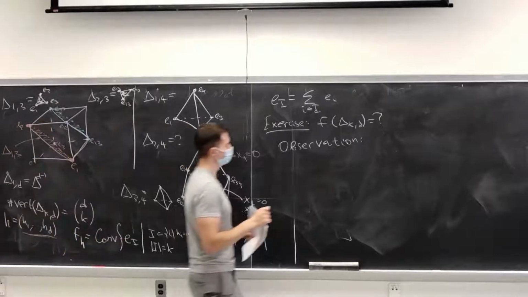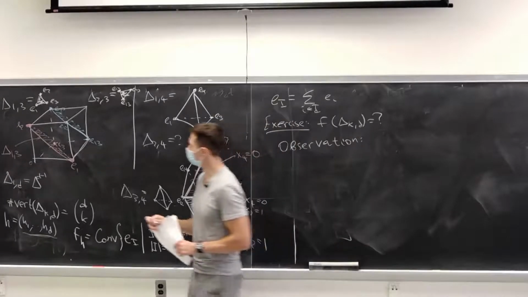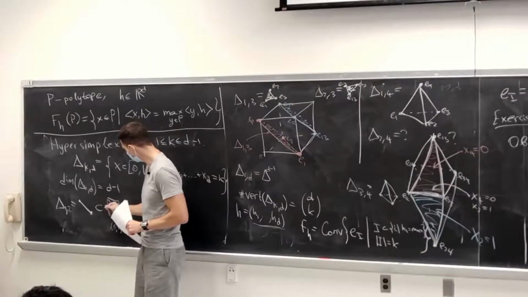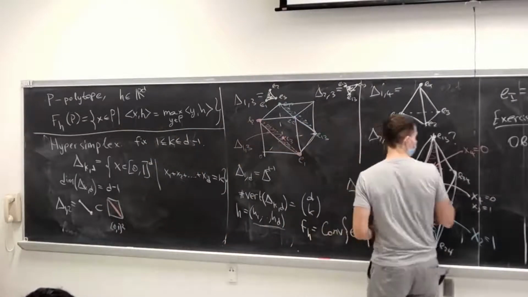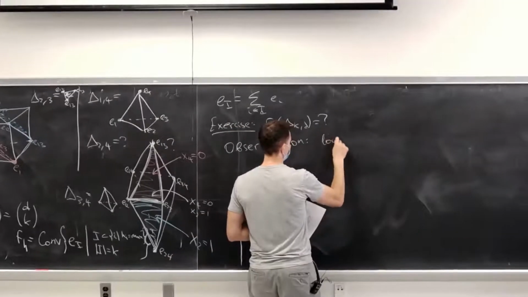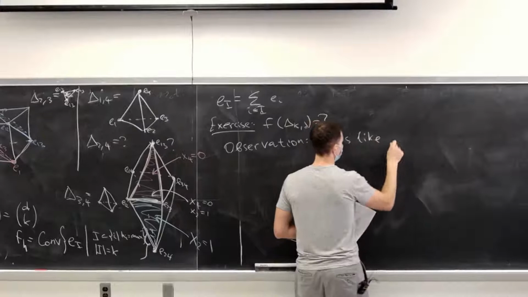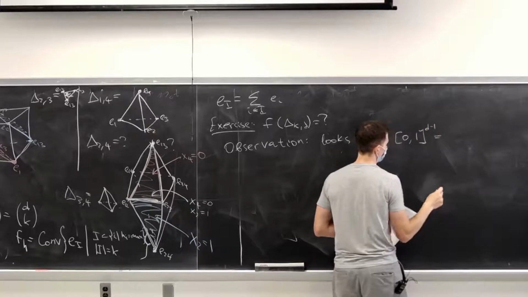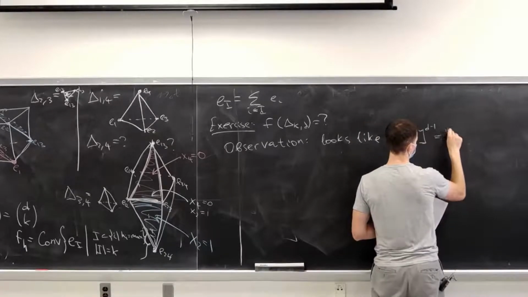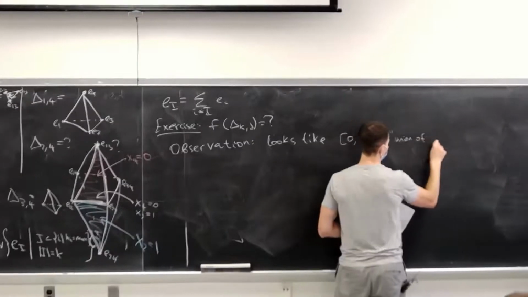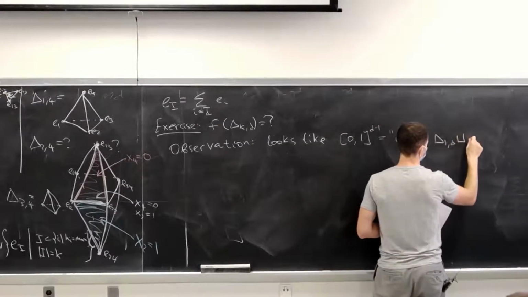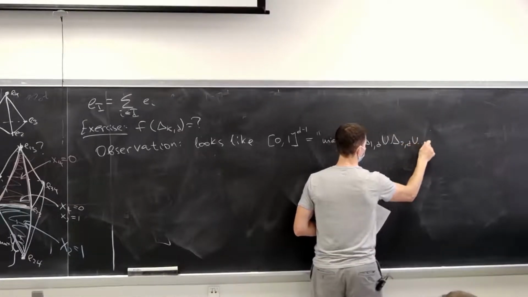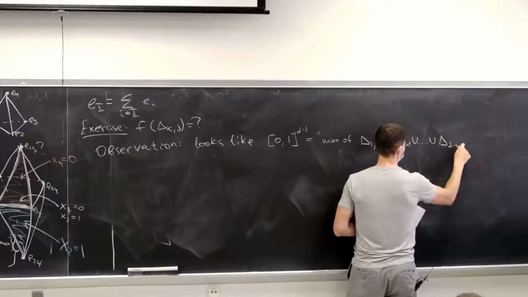But it also appears that the pieces in between the slices, if I look at these slices, and then I look at the pieces between the slices, looks like the hypercube of dimension d minus 1 is somehow a union of delta 1 comma d, maybe not disjoint, but sort of almost disjoint, delta 2 comma d, up to delta d minus 1 comma d.